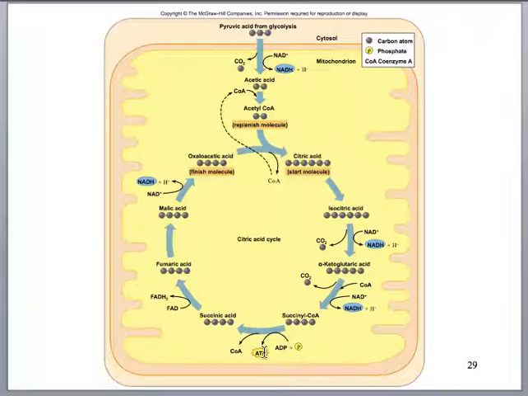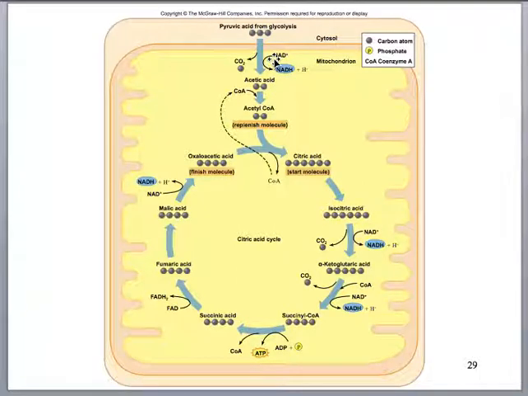We also get this molecule right here called FADH2. FADH2 is also a high energy electron carrier, just like NADH. We can't use it for energy right away, but it can enter into the electron transport chain and help with synthesis of ATP energy that way.